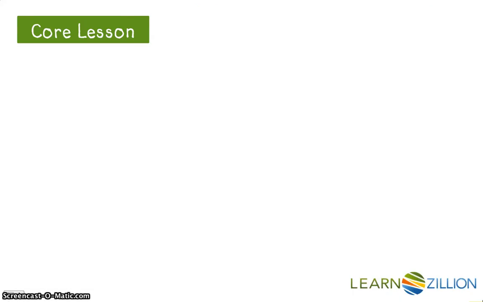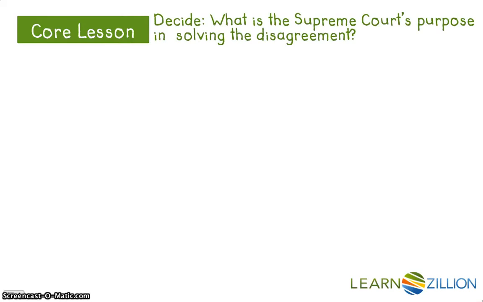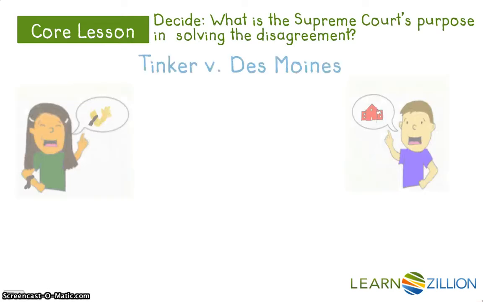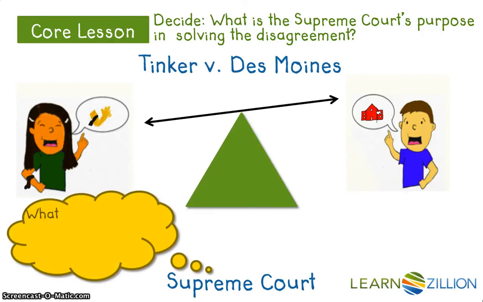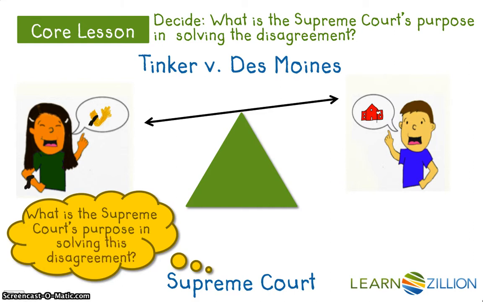This caused a big problem, and it's up to us to decide, based on our reading now that we know what caused the disagreement between the petitioner and the defendant, whether protesting is more important or school safety is more important. What is the Supreme Court's role and purpose in solving this disagreement?